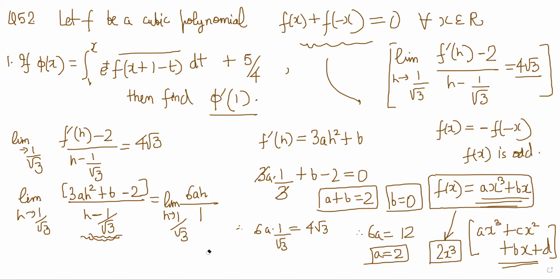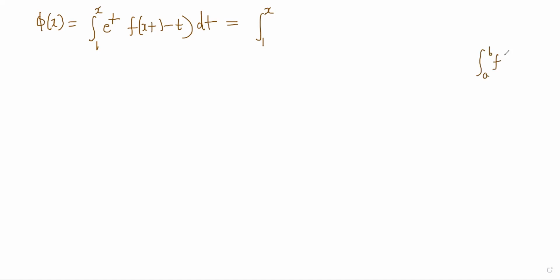If we want to write down φ(x) now, φ(x) was equal to the integral from 1 to x of e^t f(x + 1 − t) dt. We can write this by applying the property that the integral from a to b of f(x) is equal to the integral from a to b of f(a + b − x).